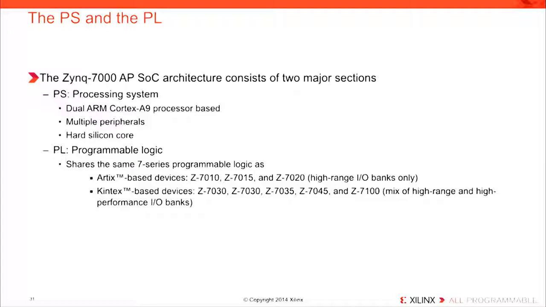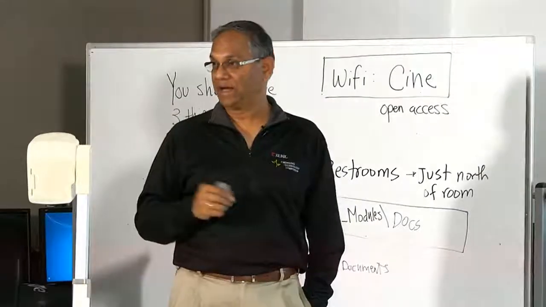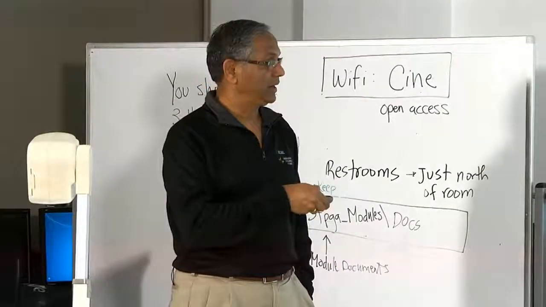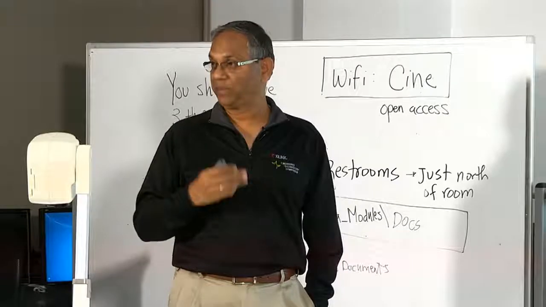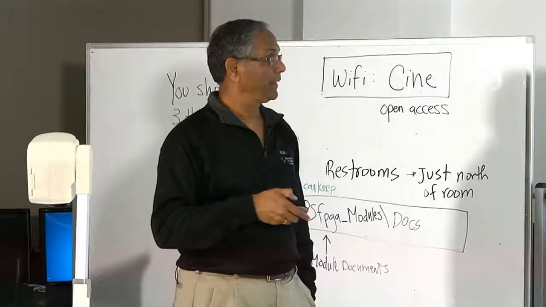The smallest three use Artix based, okay, whereas the bigger 4 use Kintex based. Kintex based means it has the high performance as well as some IOs which are high range, which is 3.3 volt. In case of Artix, they are all high range compatible. Right? Okay.